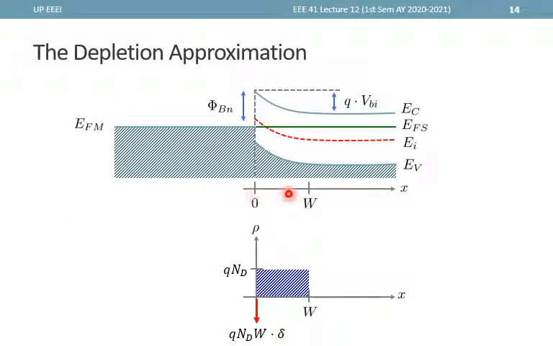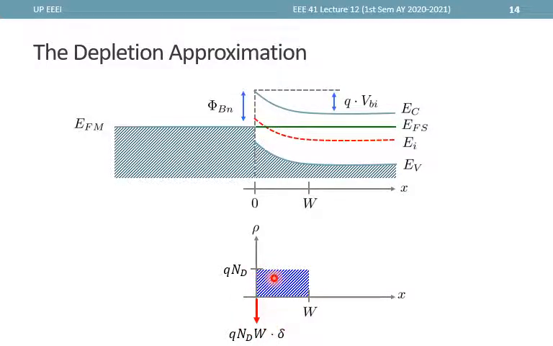So from 0 to W, the charge density is QNd, and that is constant using the depletion approximation up to a depth W, and suddenly goes back to 0 beyond W. Now we know that this area right here corresponds to the amount of electrons that transferred from this side to the metal. However, for the metal, they cannot be distributed, and therefore they only tend to accumulate at the surface.